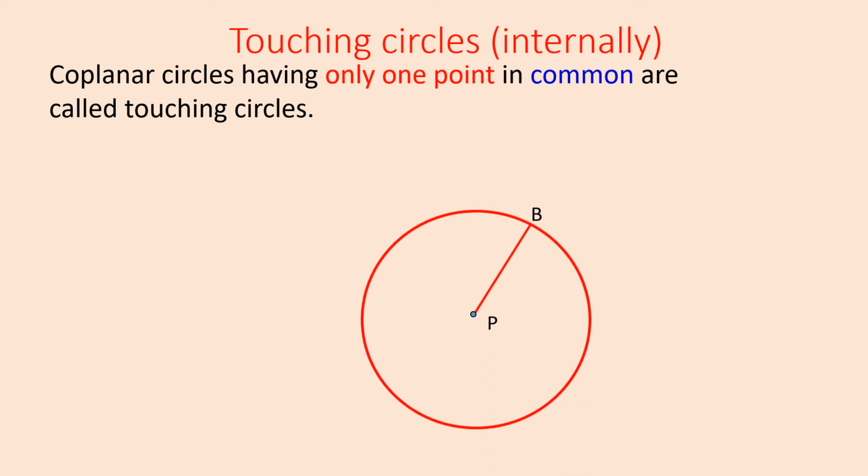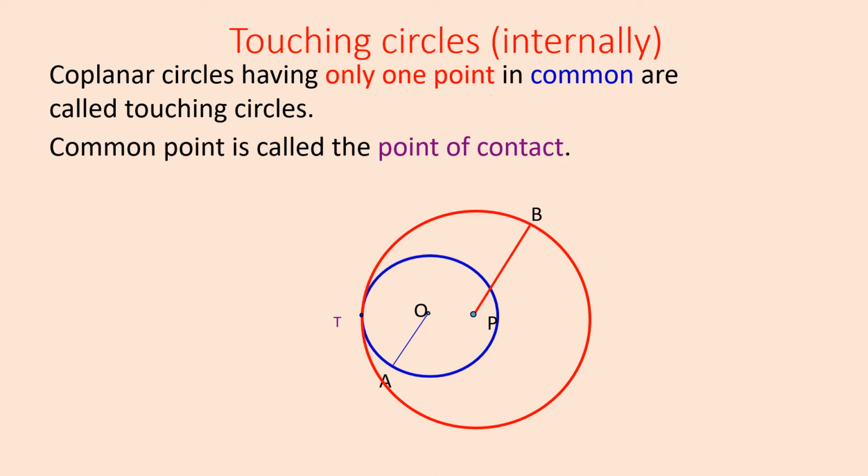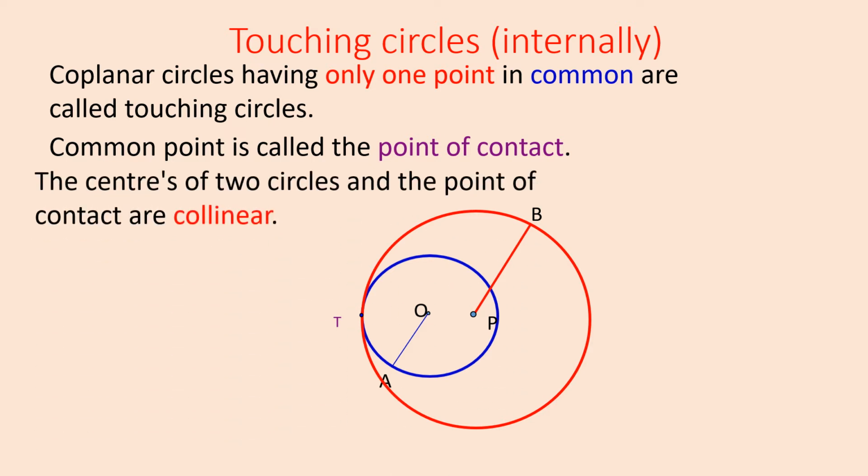So circle with center P and radius PB, another circle with center O and radius OA, they are touching each other at point T. So what we get here, the T is a common point between the two circles, center with P and O, and that is known as point of contact.